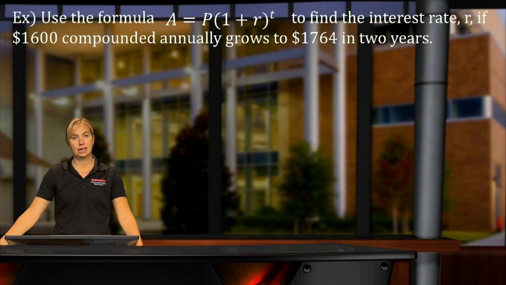Let's take a look at an application of these quadratic equations. In the next example, we're going to use the compound interest formula. Use the formula A equals P times (1 plus r) to the t to find the interest rate if $1,600 is compounded annually, grows to $1,764 in 2 years.